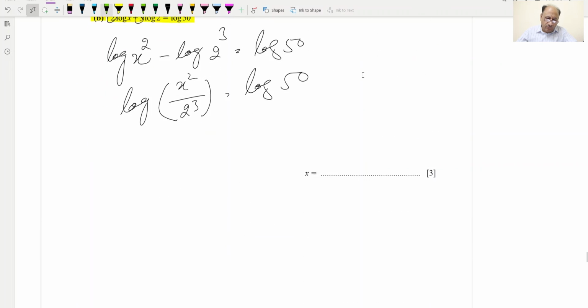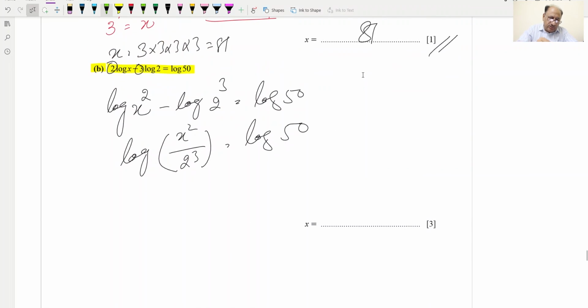Now we can cancel log from both sides, and this will be x squared is equal to 2 raised to the power 3 into 50. I'll write properly.